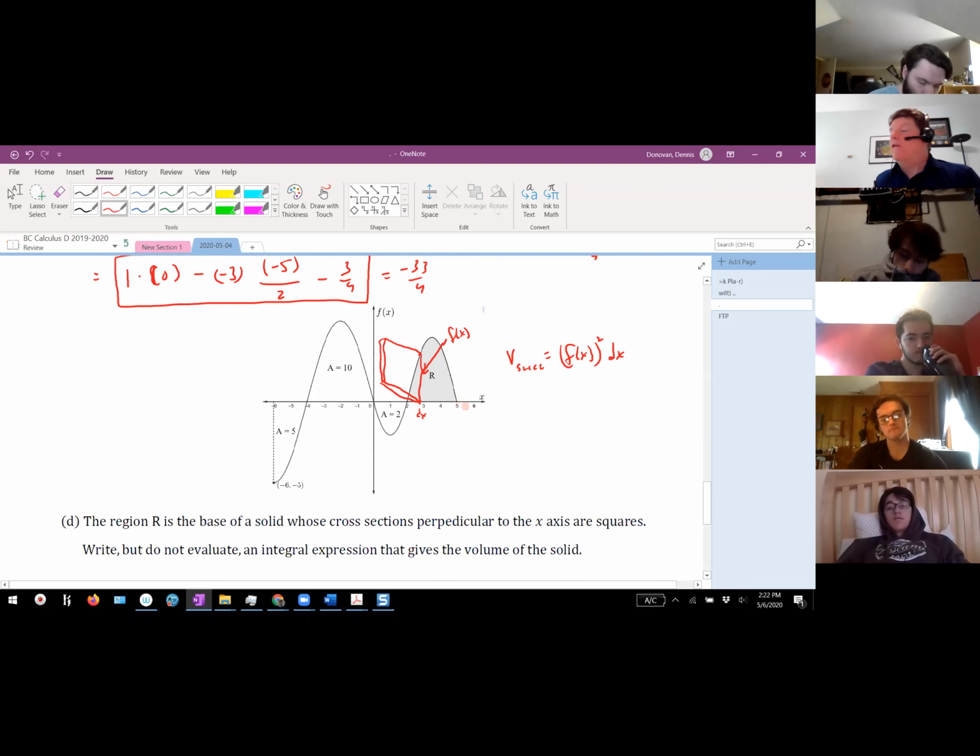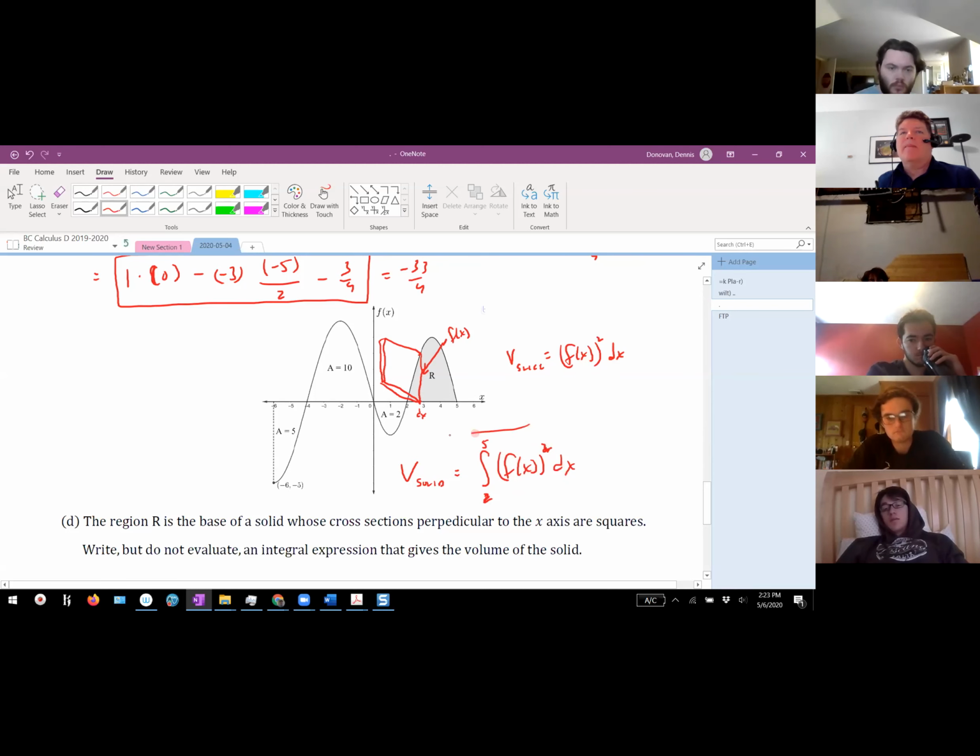And so to get the volume of the solid, I simply integrate the volume of the slice over the interval. So integral from where to where? 2 to 5, of the volume of the slice. That is the answer to part D. That is all it is asking you to do.